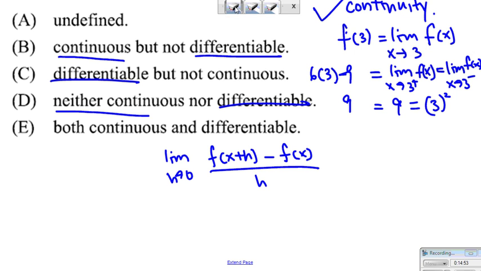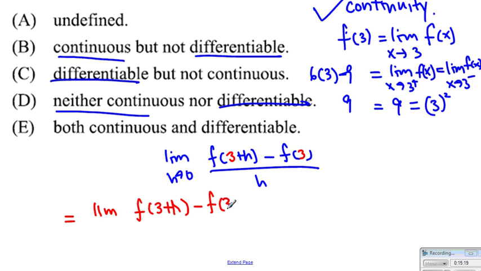So in place of x, I can put 3. But this basically means we have to have the left and right limits exist. That means we have the limit of f of x, 3 plus h, minus f of 3, all over h, as h approaches 0.